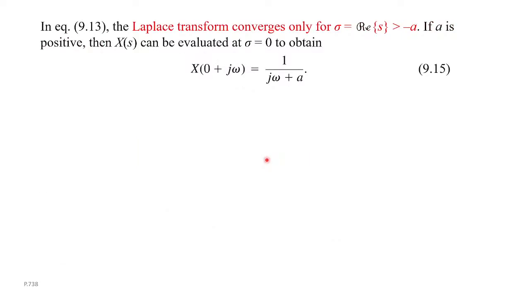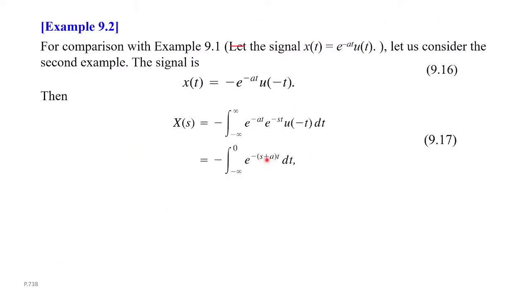Okay, now we look at a very interesting function, so we can compare it to the previous result. We now have a function that's also exponential decay, but in negative time. So I still have the exponential, but now your u is not u of t, you have u of minus t. So the cutoff is at t equals 0, but you only take negative t.